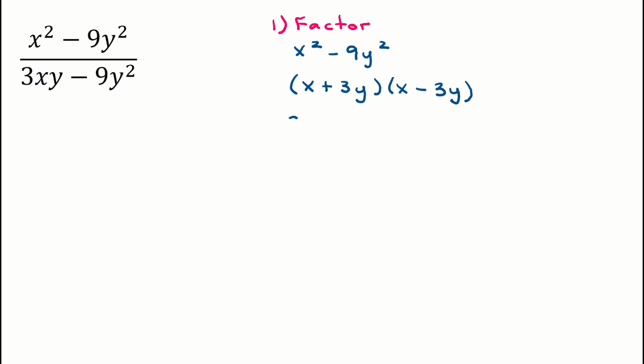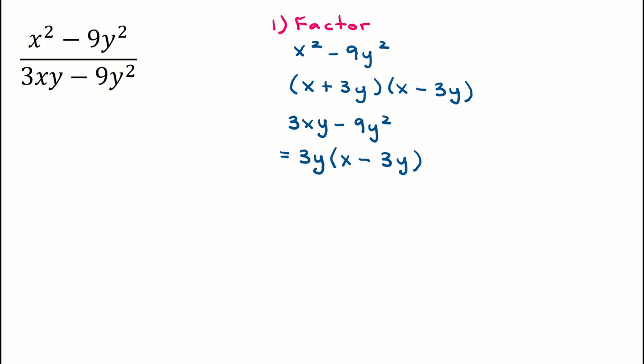When we look at our denominator, we have 3xy minus 9y squared. This can be factored using common factoring. They both have a common 3. 3 and 9 are both divisible by 3, and they both have a common y. So I'm going to take out the 3 and the y, leaving me with x minus 3y.